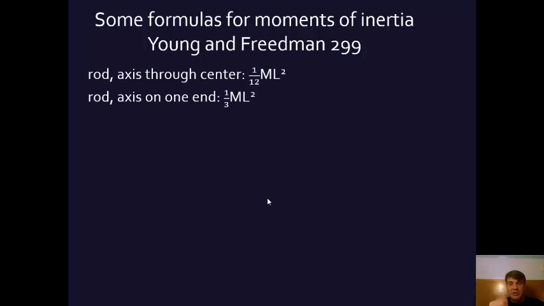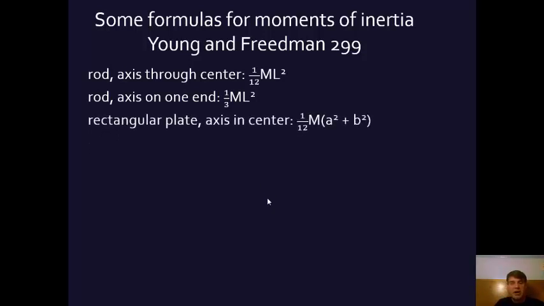Again, this is a matter of memorization. At the end of the chapter, we'll talk about integrating to find these things, the hard work that got us this far. But really, the scientists have long done this math, and there's a list on 299 of basically what the moment of inertia is going to be for these different kinds of objects. Let's say it's a board, a rectangular plate with an axis in the center.